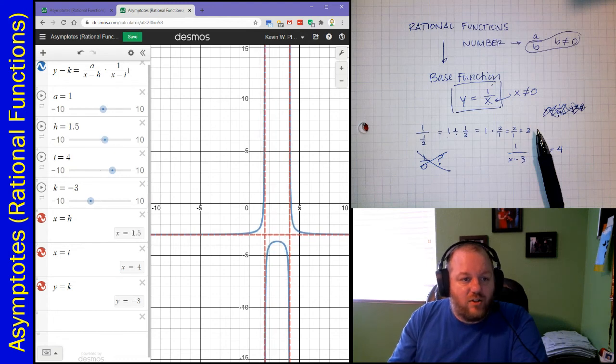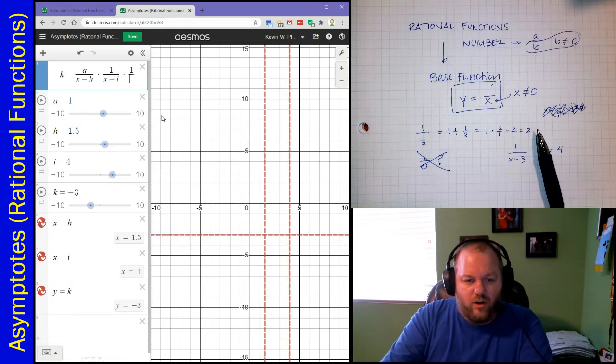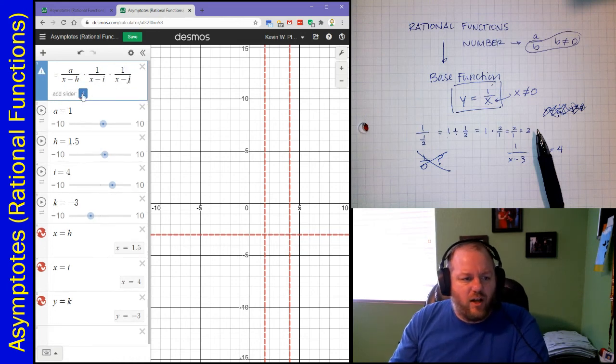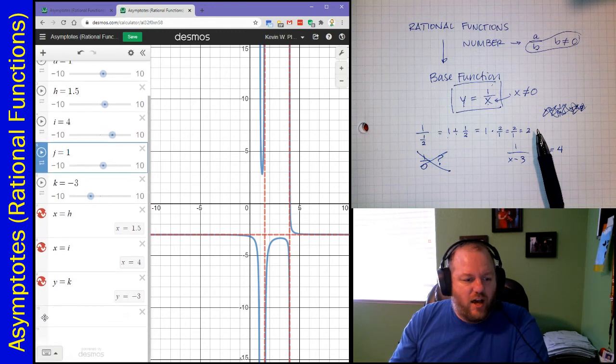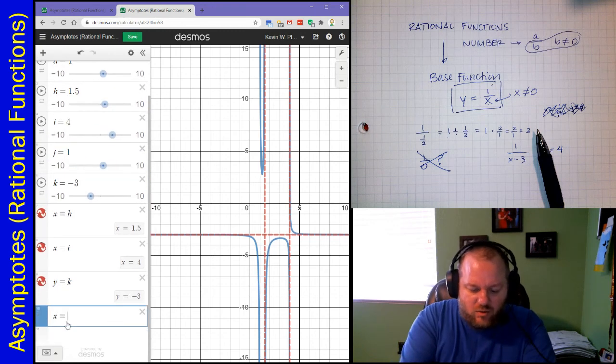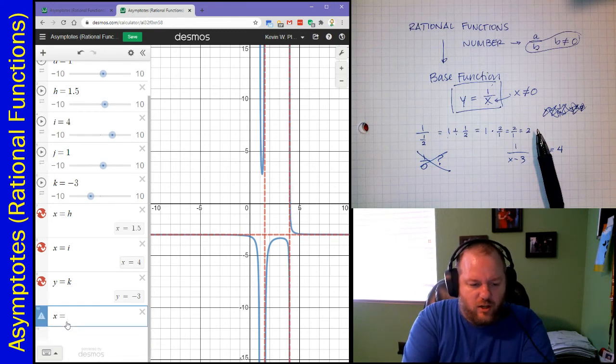Now I can do that as many times as I want, times 1 over x minus j. And I'll add a slider for j, and I'll add another asymptote for x equals j.